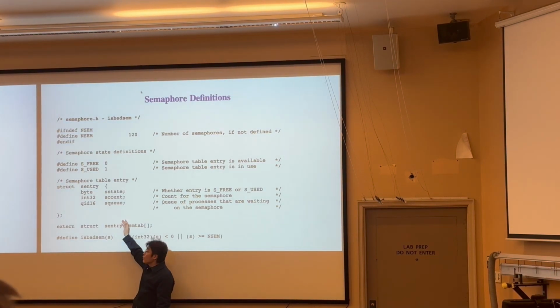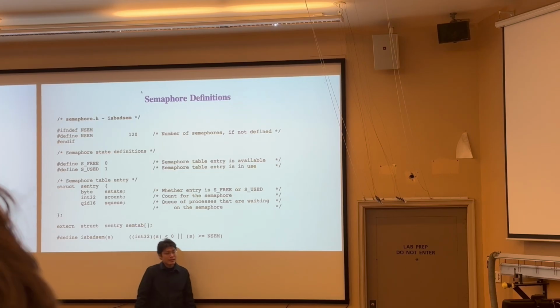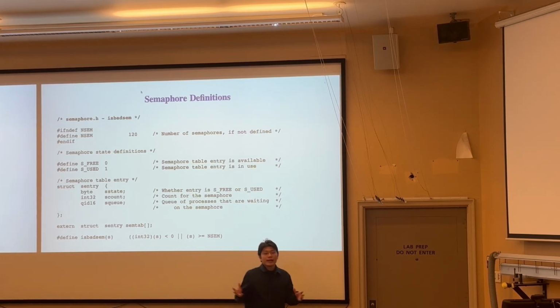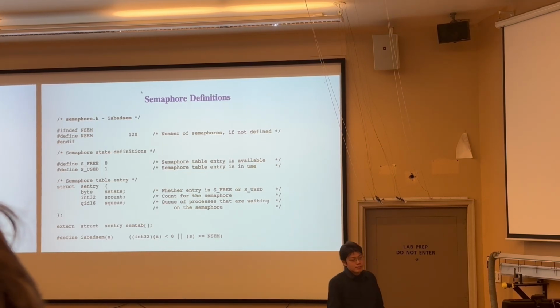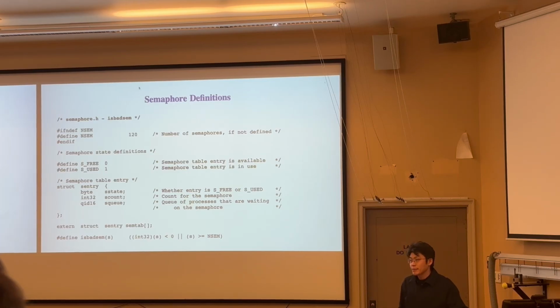The semaphore queue in Xinu is first in, first out, so it will wake up the first process in the semaphore queue. That is the purpose of the semaphore queue. It keeps track of all the processes that are blocked on this specific semaphore.